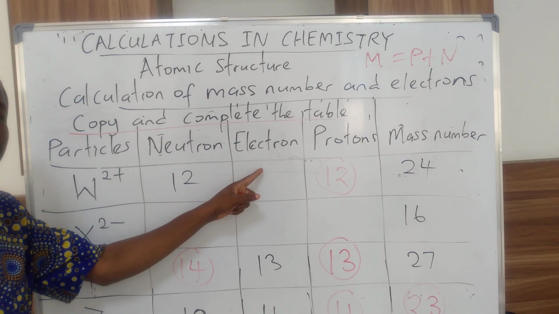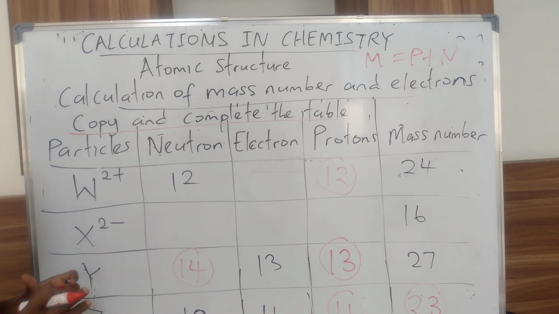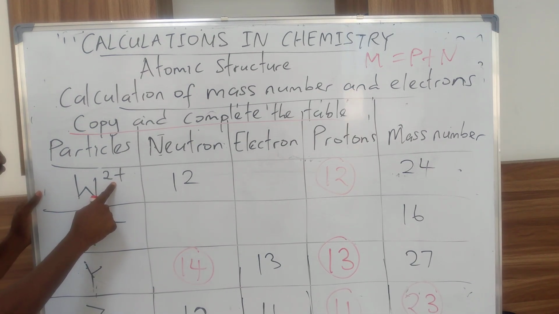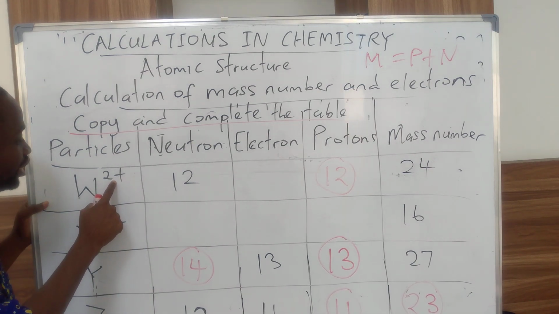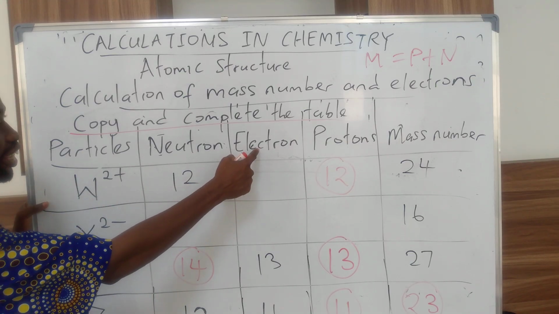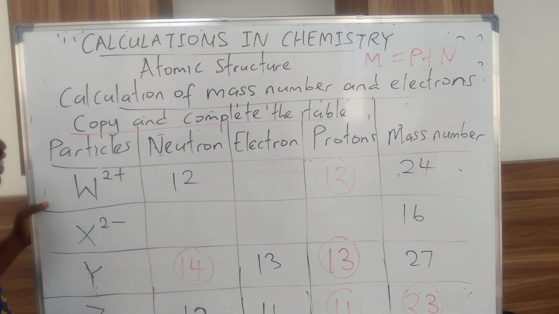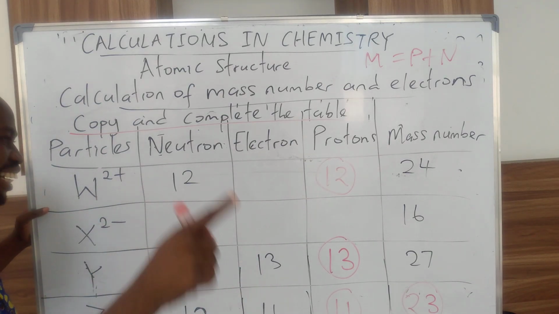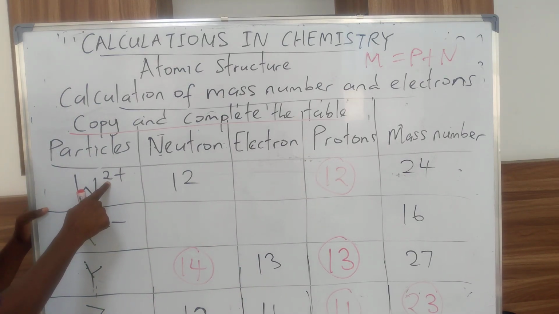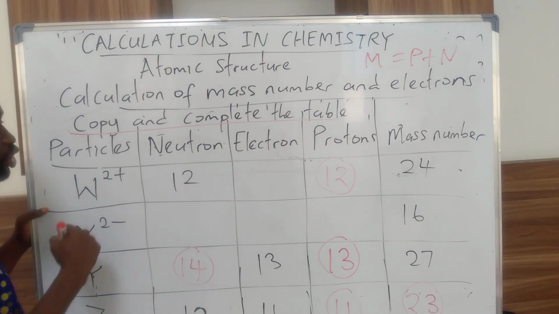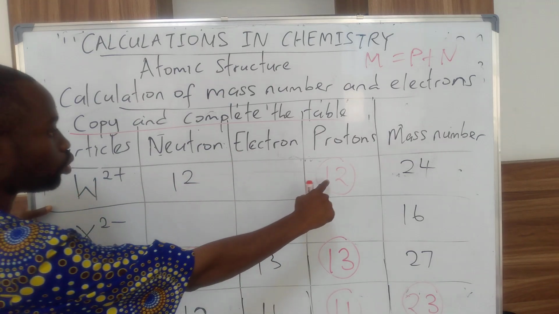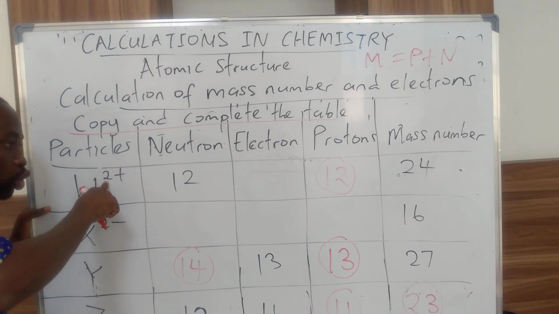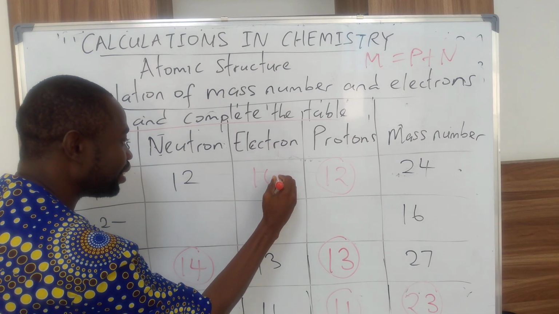Now, remaining electron. If you go and check the tips that I gave you, this is a positively charged atom. In a positively charged atom, the electron is proton minus the charge number. Go and check it. So the electron number is going to give me the proton, which is 12, minus the charge number, 12 minus 2. So this answer is 10.